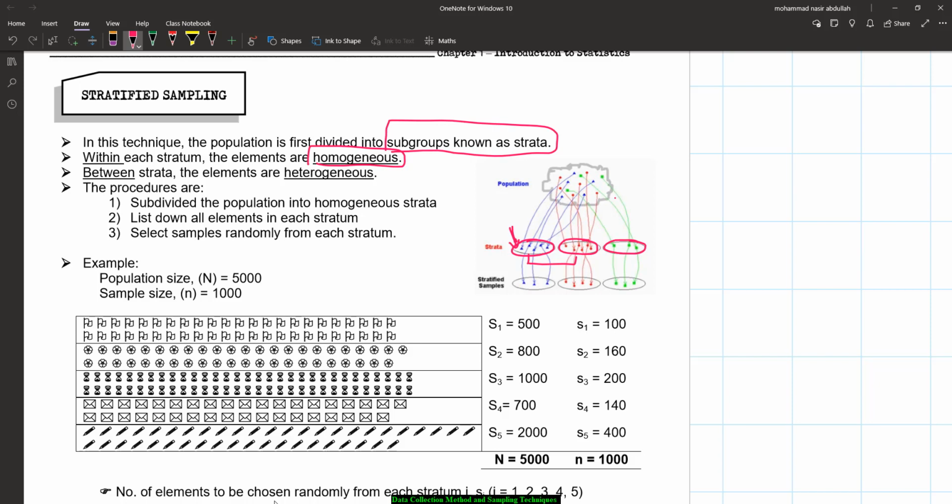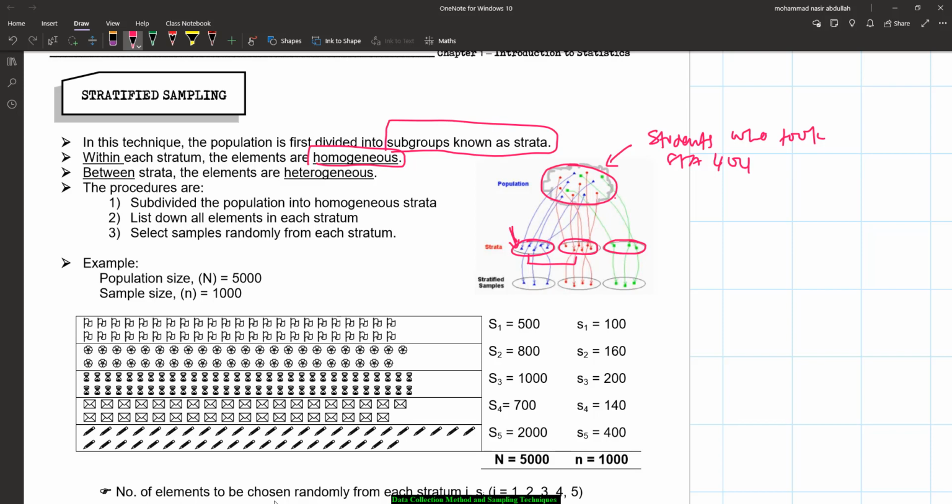It means not the same. Let's say you want to study students in UiTM Tapah who took STA 404. For example, in STA 404, I have 4 groups. For example, groups 4A, 4B, 6A and 6B. Right? So they have the same characteristics in the population. Students who took STA 404.